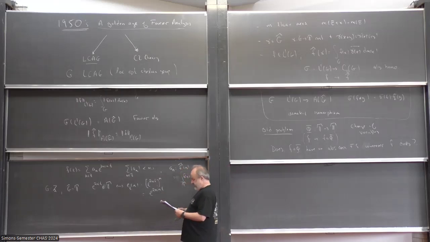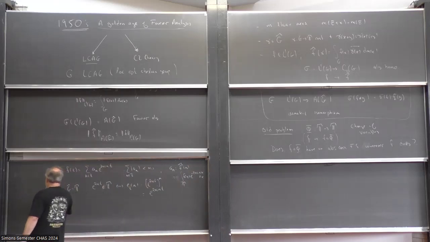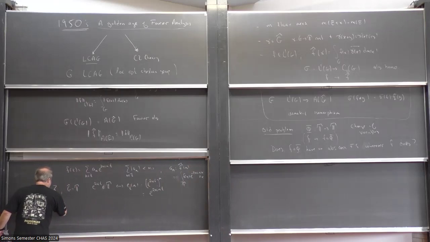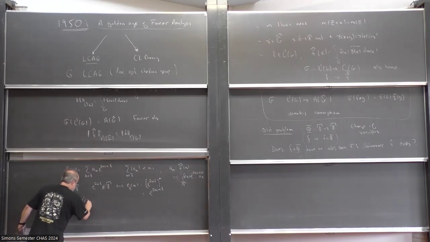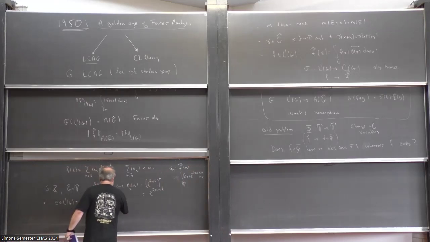Okay, now let's look at what I mean. I'm going to play out what it means to be looking at an L1 function on this group. This is just little l1 of the integers. What does it mean for a function, a mapping from the integers into complex numbers?